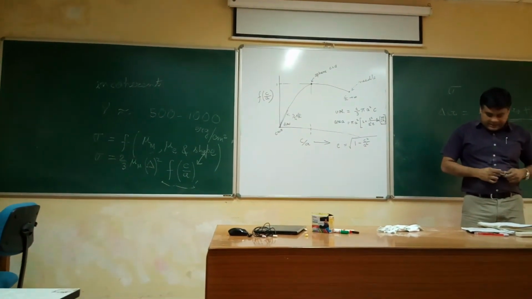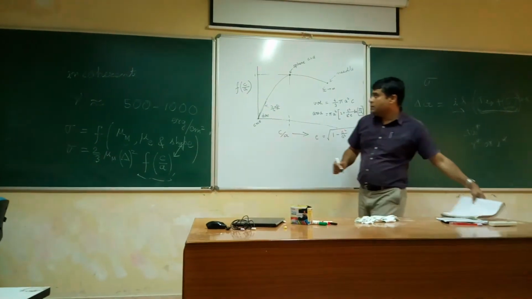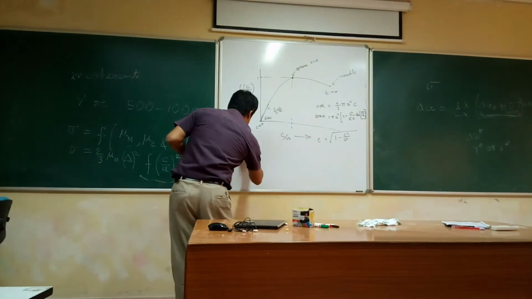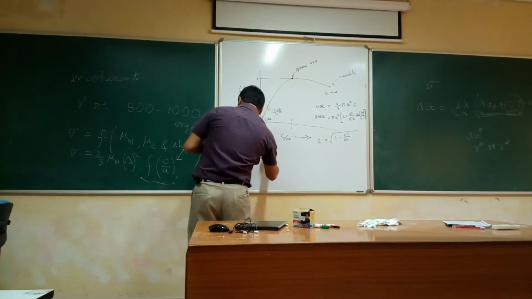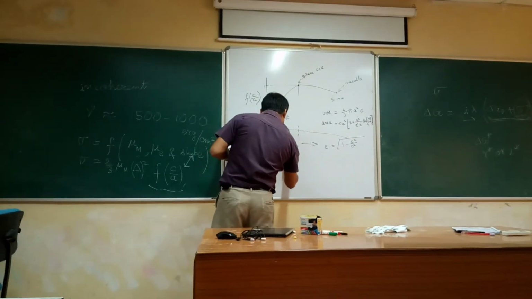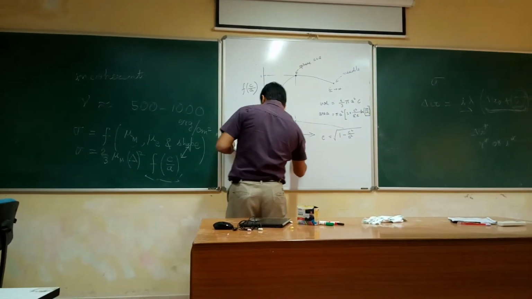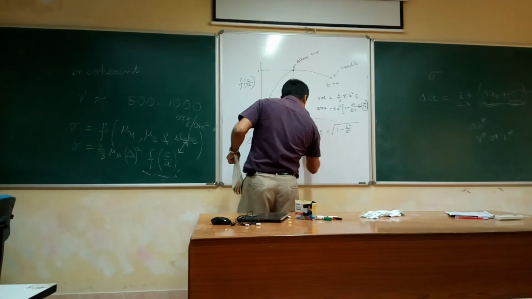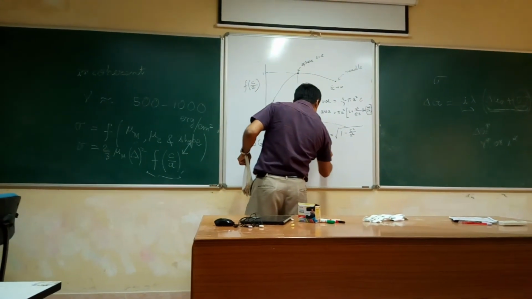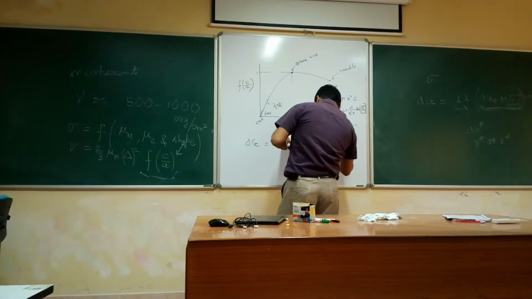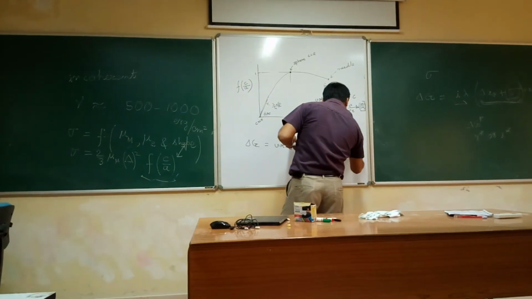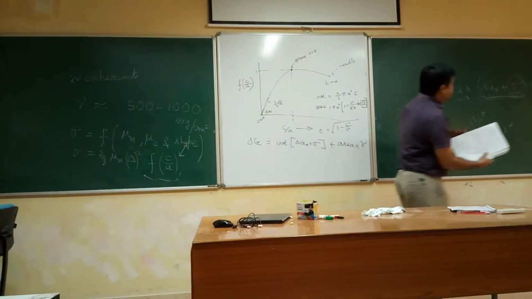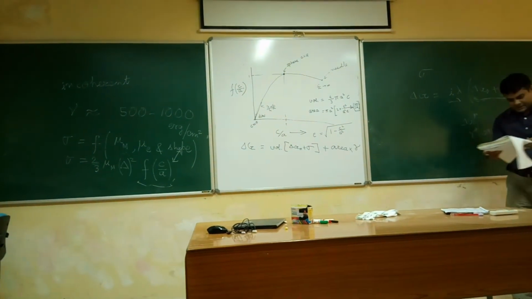So delta G is your volume multiplied by your delta GV, plus gamma plus sigma, and your area multiplied by gamma. Whatever we have written here, that is your delta G.